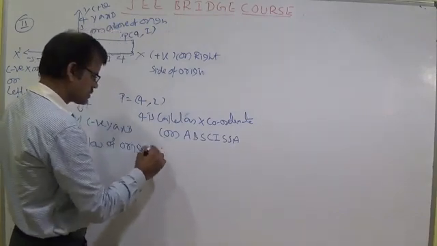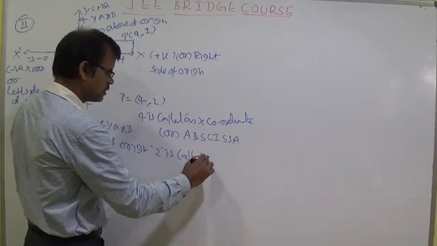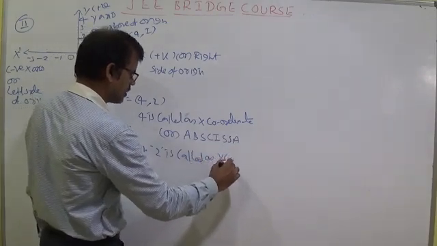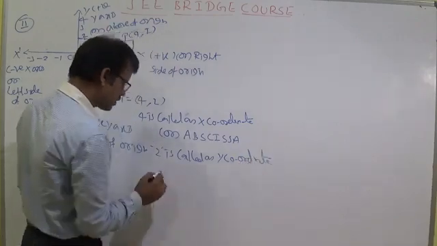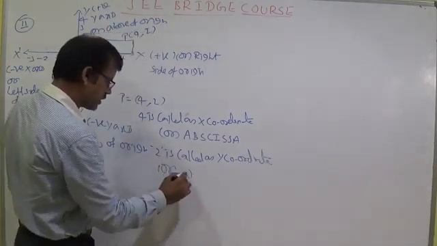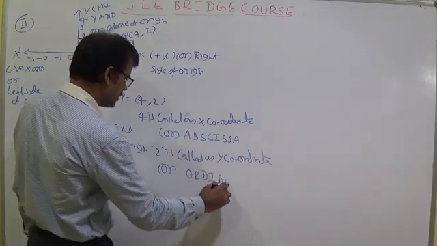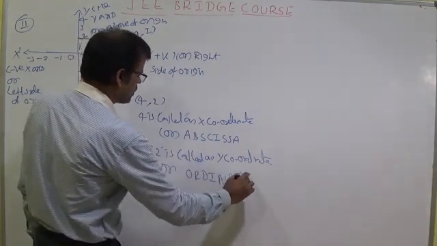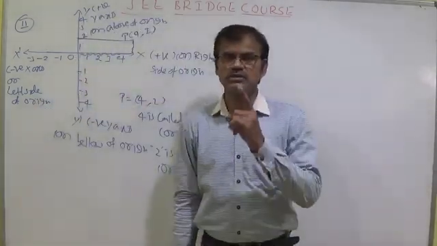And 2 is called the y coordinate, or that separate special name is there, simply ordinate. Ordinate means second coordinate and abscissa means first coordinate.